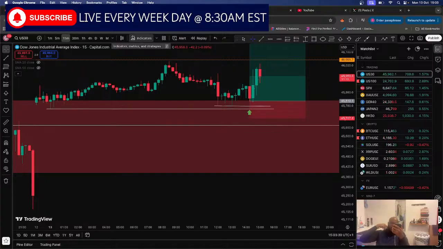We really need this candle to shoot straight through this order block, because at this current moment in time, this order block has been a nightmare for us today. Absolute nightmare.